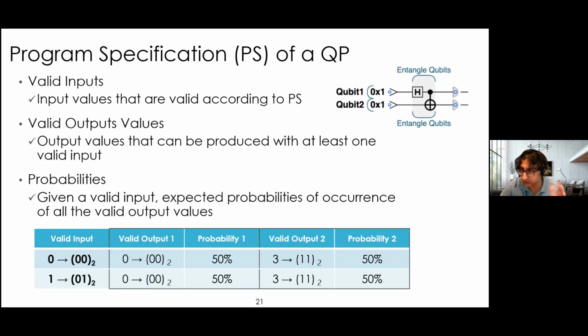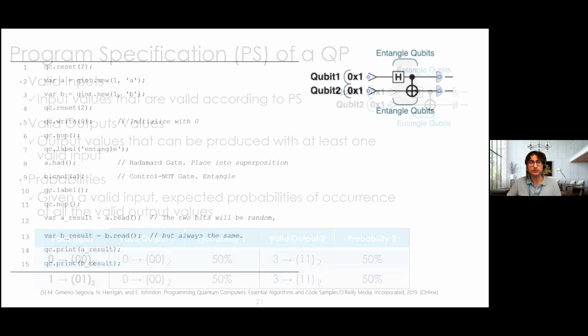It's a very simple program, just to show the idea of how it works. Below you can see in the table my program specification: my valid inputs are only 0 and 1, and my valid outputs are 0 and 3 with 50% chance of observing each. Of course, when we run the programs, things will vary, because this is the theoretical, ideal situation, and when we run the programs we might observe some deviations.